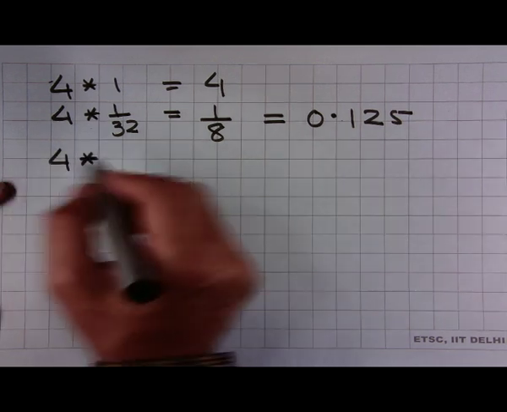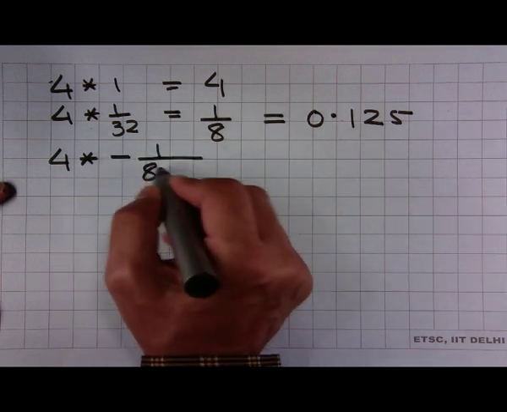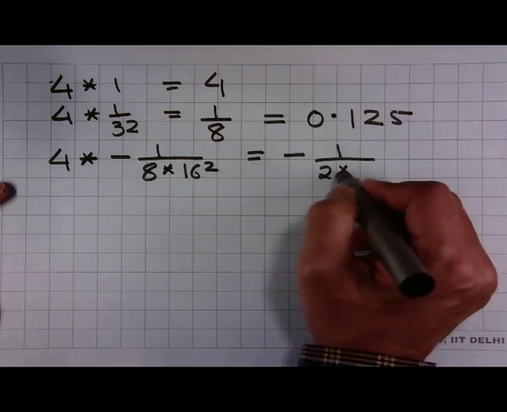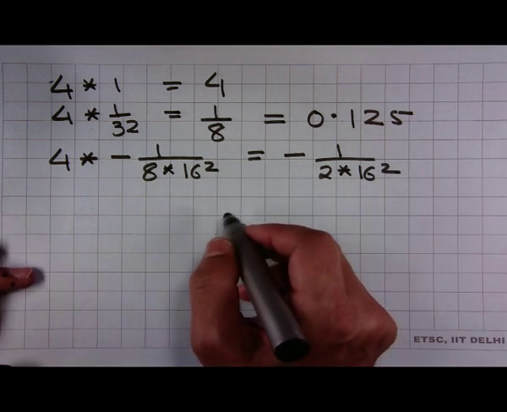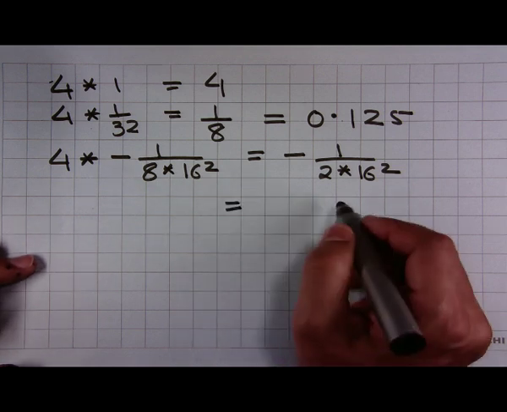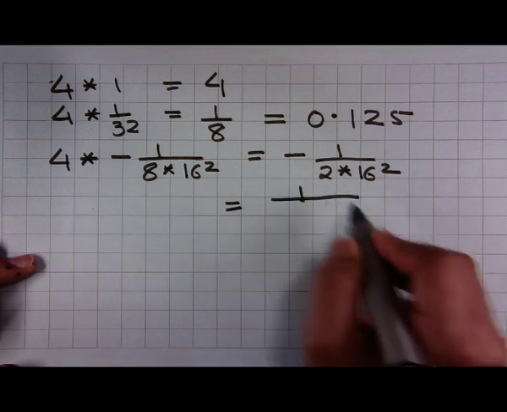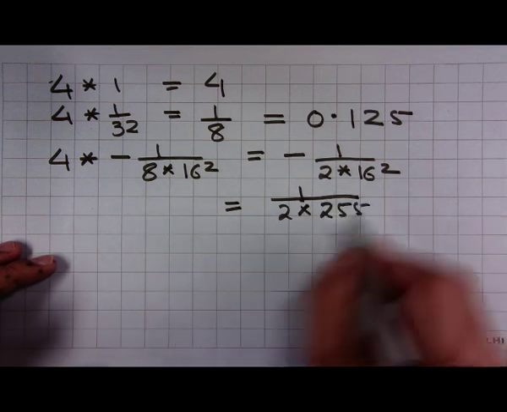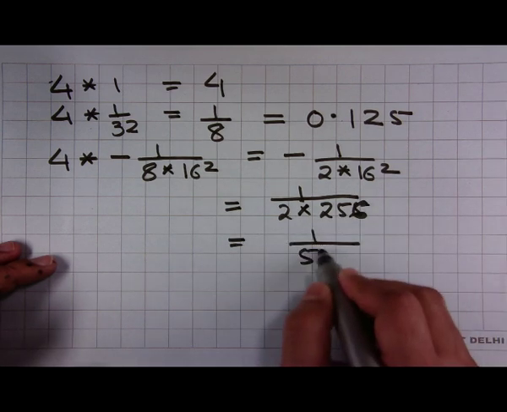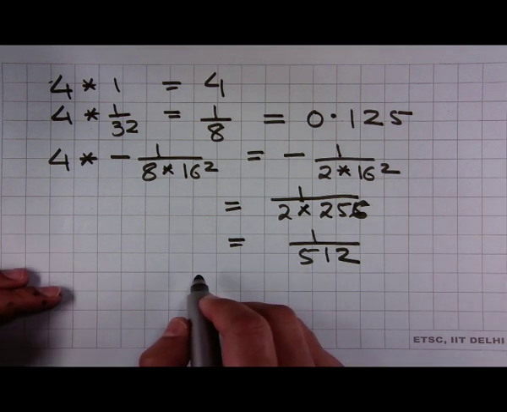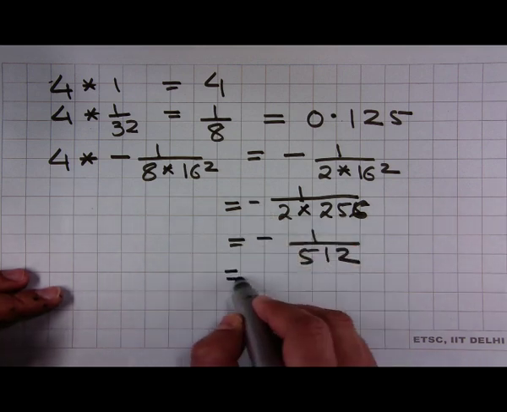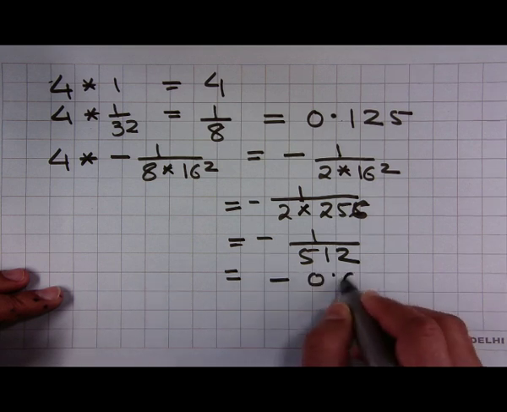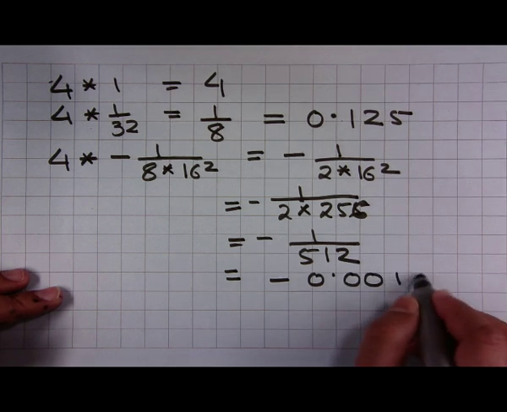Four into minus 1 upon 8 into 16 square is equal to minus 1 upon 2 into 256, which is 1 upon 512, equal to minus 0.0019.